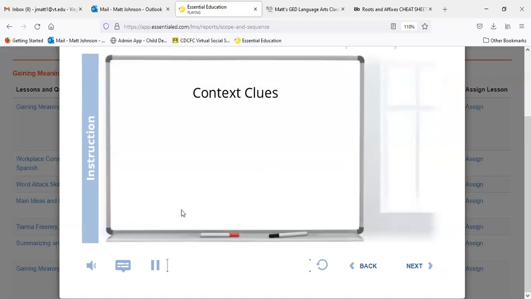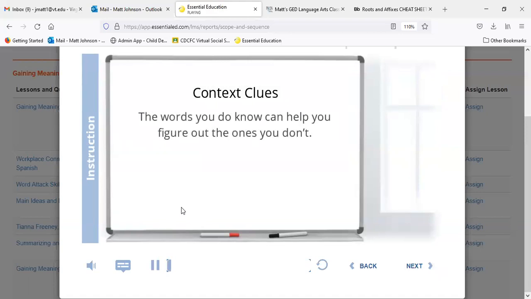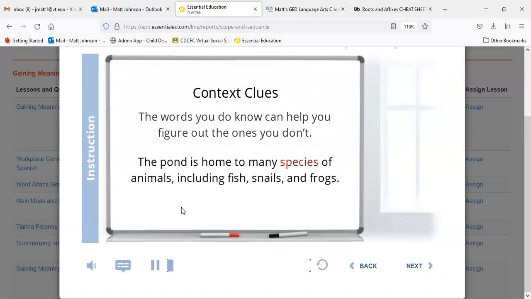for the quiz. Sometimes you can learn a lot about an unfamiliar word just by using context clues. The words you do know can help you figure out the ones you don't. Say I'm reading this sentence here, and I don't know the word species. Even if I don't know what the word means, there's still a lot of stuff that I do know. I know that these species, whatever they are, live in the pond.